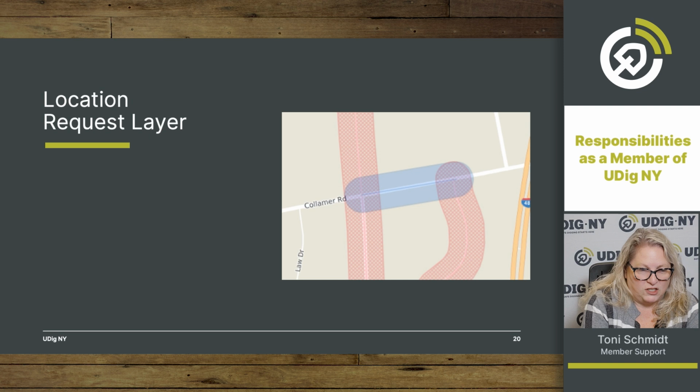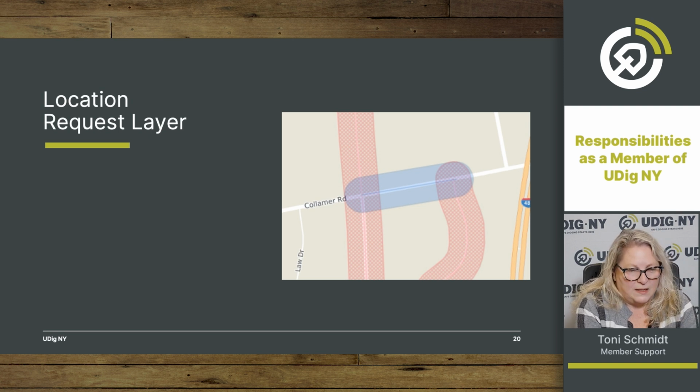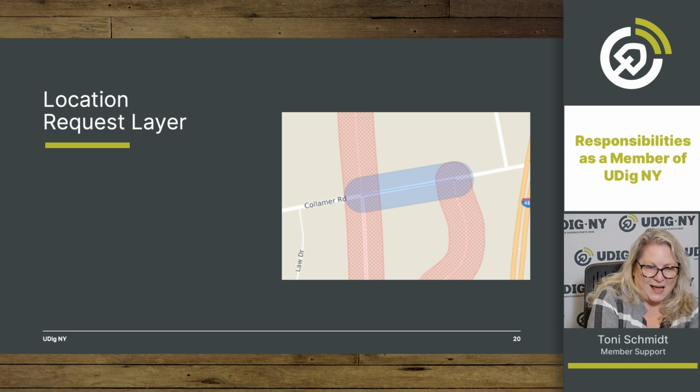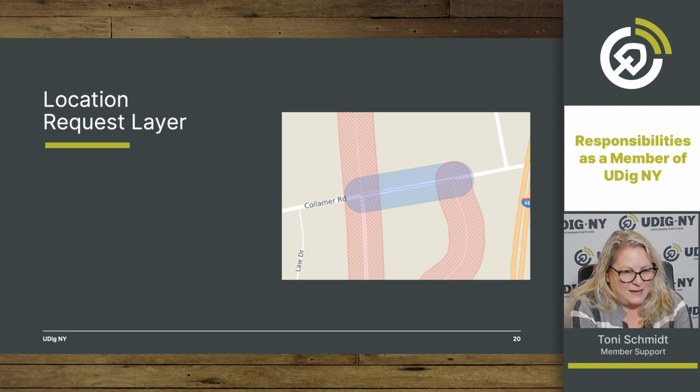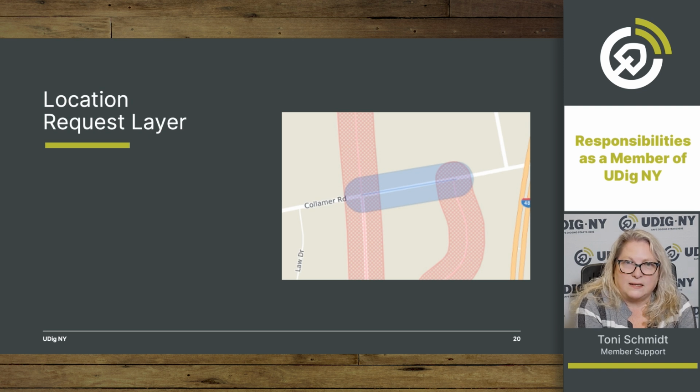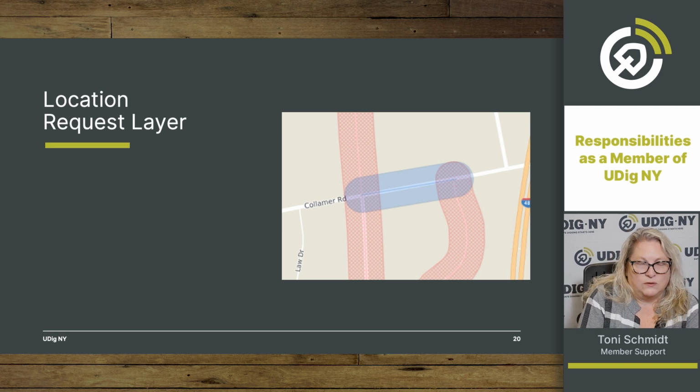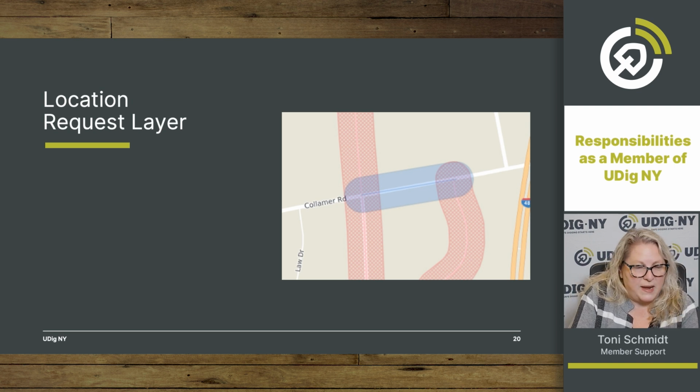When the call center agent creates a map, the map is drawn based on the directions provided by the caller. The web user will create the map layer by using the knowledge of the site. The dig site layer is created by using polygons with a buffer that's automatically added to the map. The footage of the buffer depends on the tool that is being used to draw the polygon onto the map.